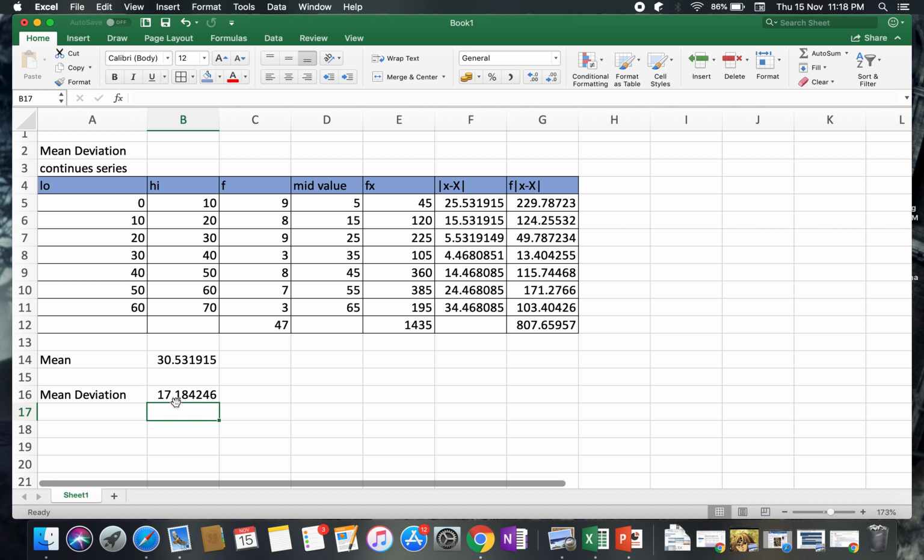The value is coming 17.18, which means the mean deviation of this given data is 17.18. It's scattered around this radius.